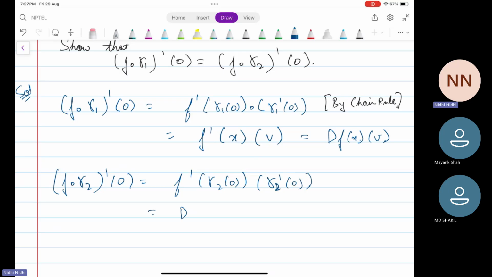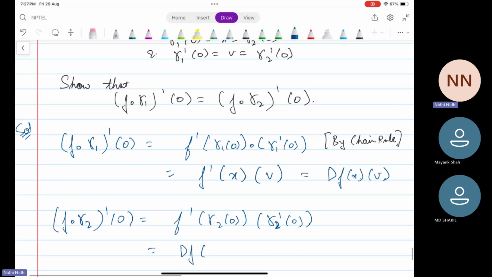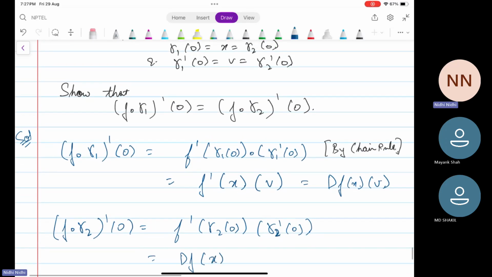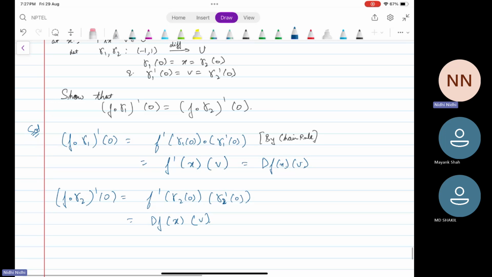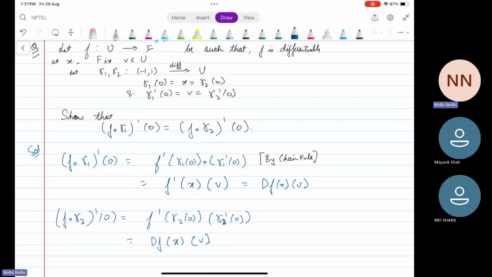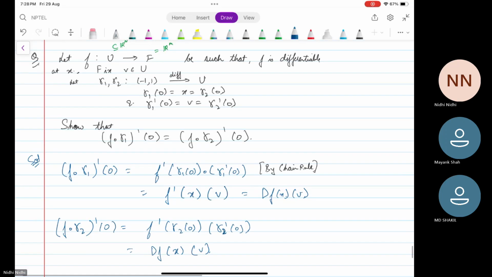So gamma 2 of 0 is again x, so df x at gamma 2 prime 0, which is v. Since both the terms are the same, the derivative is also the same. So if at some point two maps are the same and their derivatives are also the same, then the derivative of the composition with some other differentiable function will also be the same. That's the main idea.